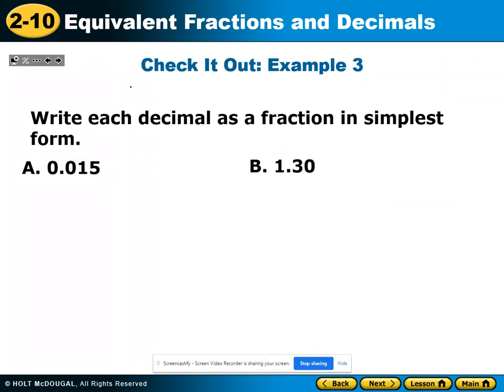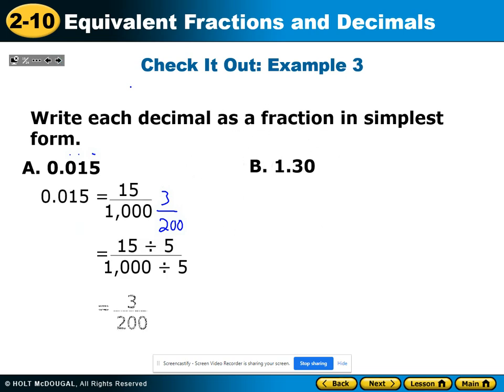Here, if I say it correctly, tenths, hundredths, thousandths, 15 thousandths. I divide both by 5, and I get 3 over 200. And that is my answer.